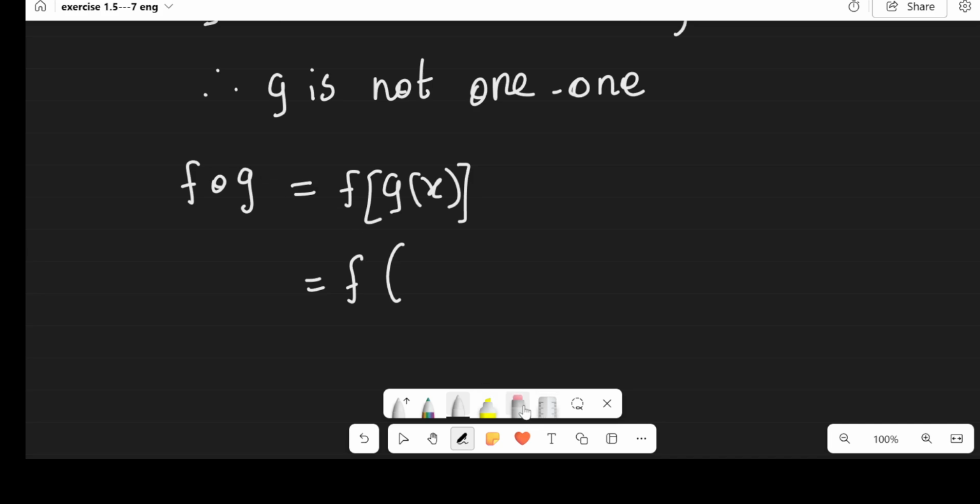Without writing this, we can solve it easily. F of g of x. X value, we can directly apply x value over here.